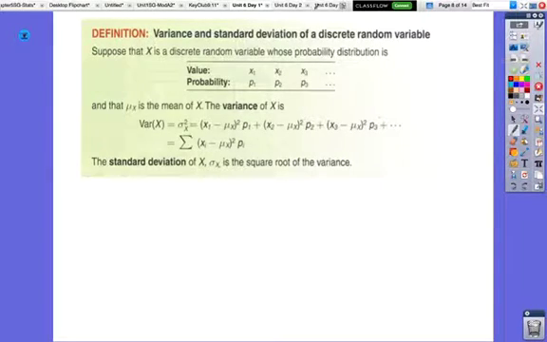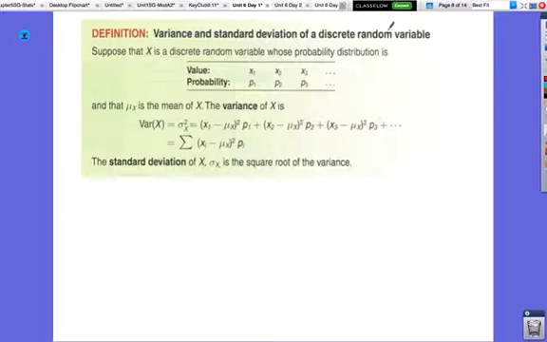Next, we're going to talk about variance and standard deviation of a discrete random variable. So suppose that x is a discrete random variable whose probability distribution is shown in the table, and the mean sub x is the mean of x. The variance is this formula, which is just the way that you calculated variance before.